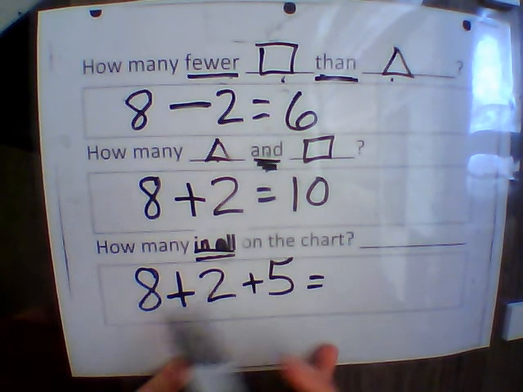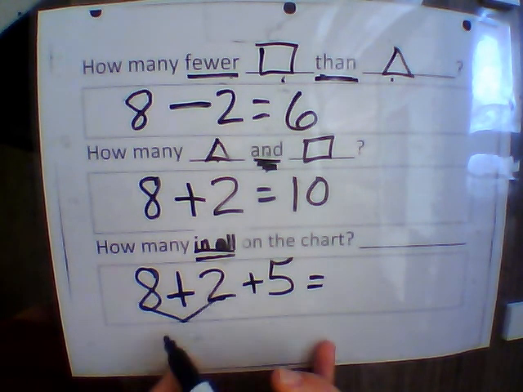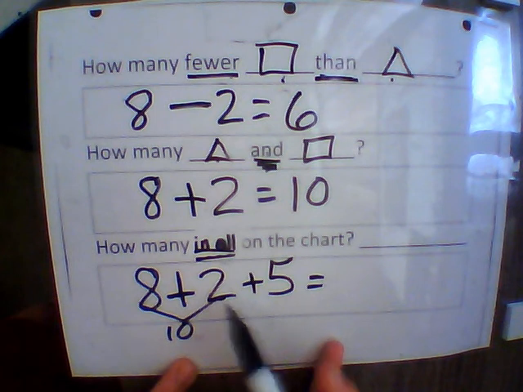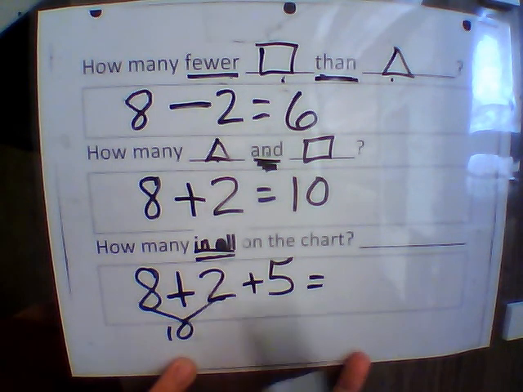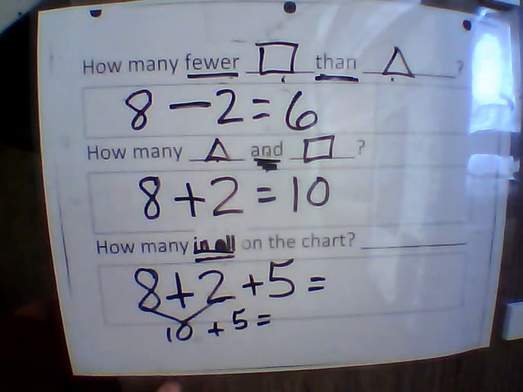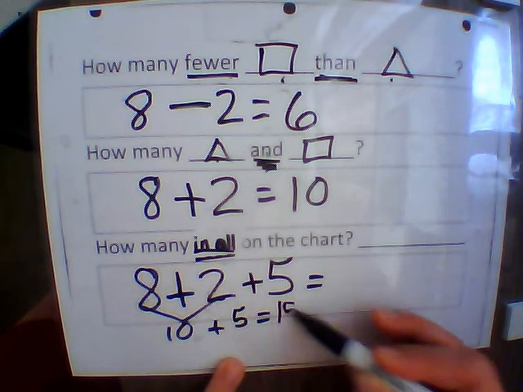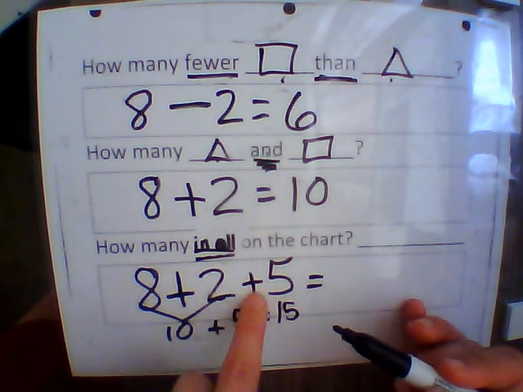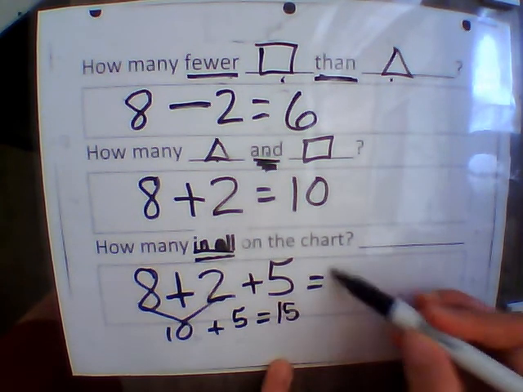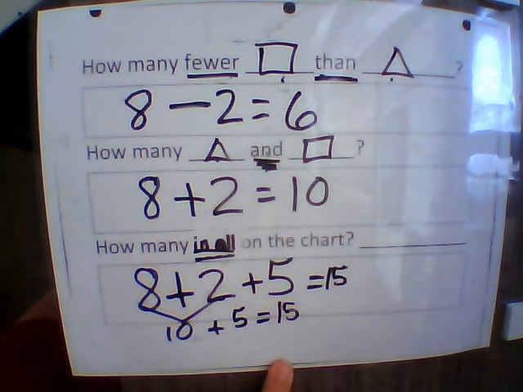So I see my 10 fact there already near each other, so that's easier for me. 10, I took those 2, and I'm going to bring everything down that I did not use, and then solve those. And 10 plus 5 equals 15. 8 plus 2 plus 5 more equals 15 shapes on the chart.